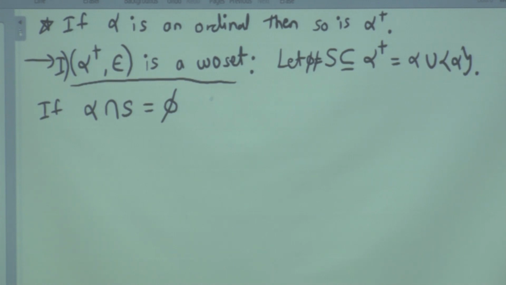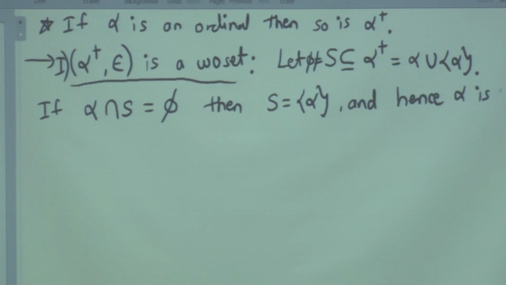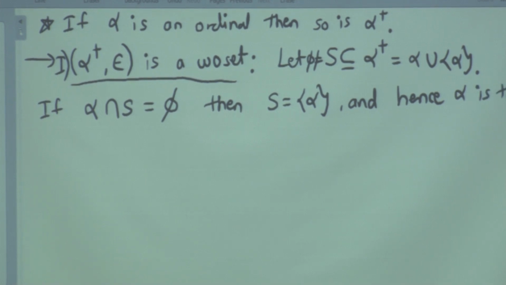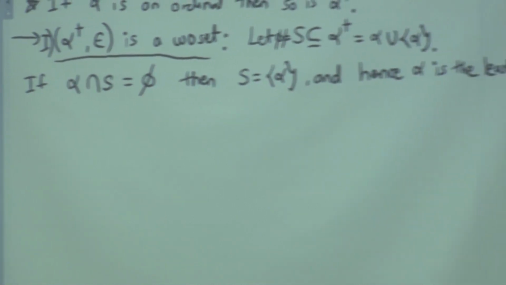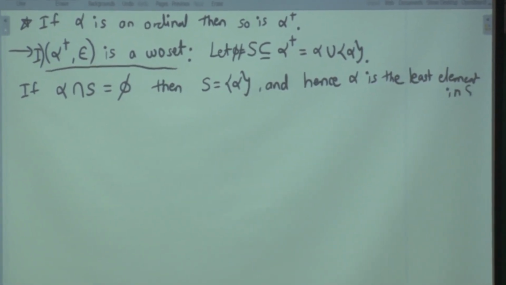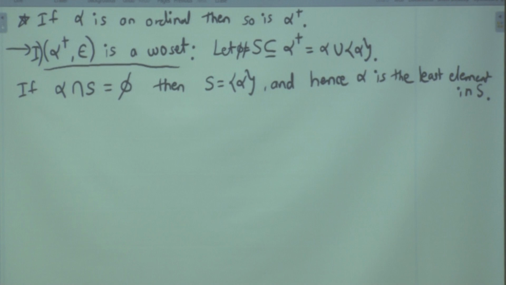Then what is S? Then it has to be the only element possible. It is singleton alpha, and alpha is the least element in S, because there is only one. So there is nothing to prove here.